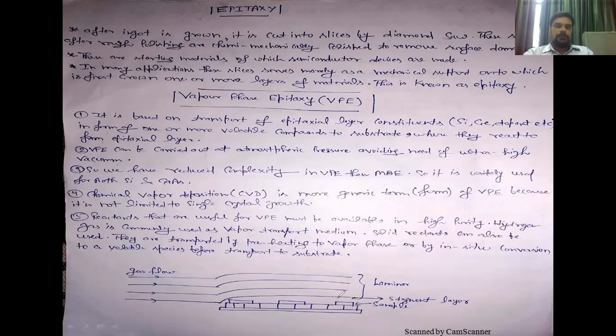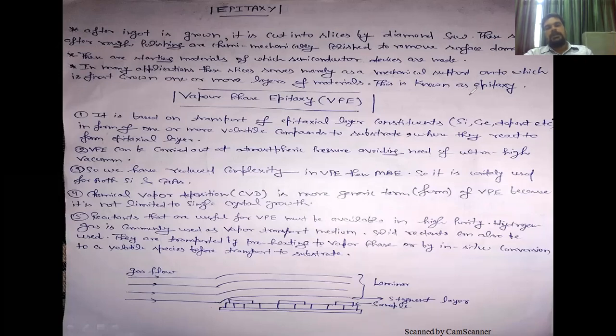Vapor phase epitaxy can be carried out at atmospheric pressure. Remember, in molecular beam epitaxy, the first requirement was to create an ultra high vacuum, in the range of 10 raised to the minus 8 to 10 raised to the minus 12 torr.